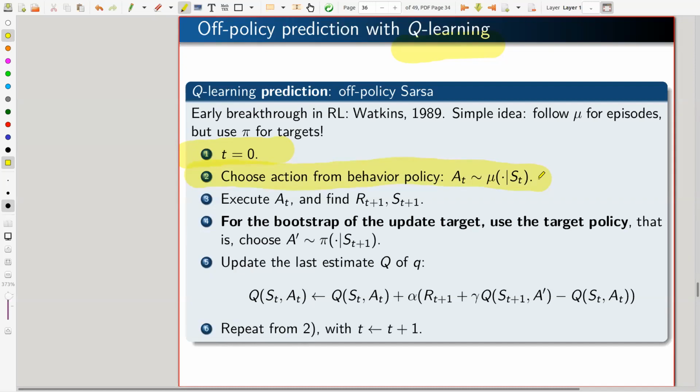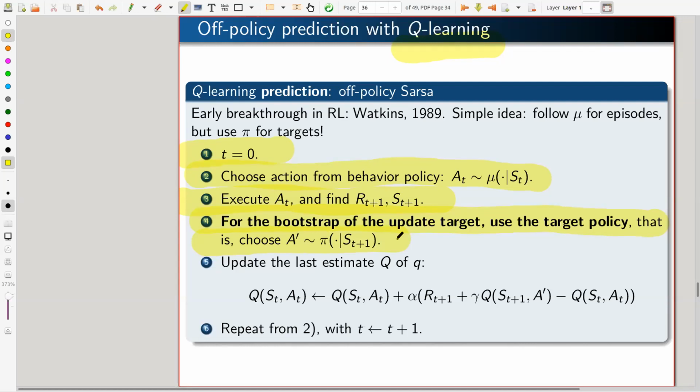You explore every action. Do this action and find the reward and the next state. Now, since you want to improve the target, for the bootstrap of the update target, use in part the target policy.